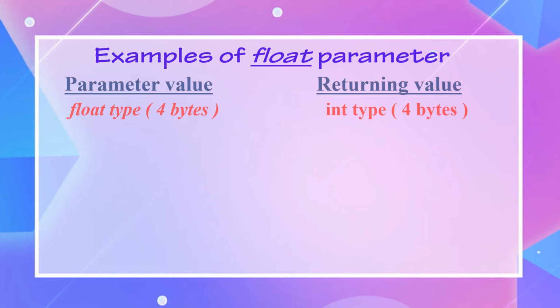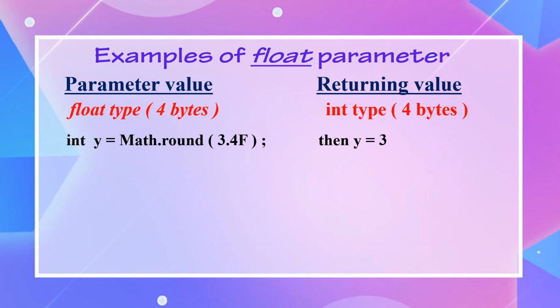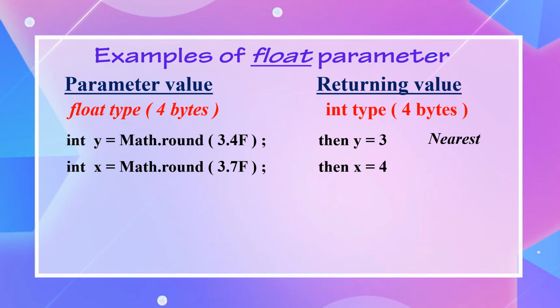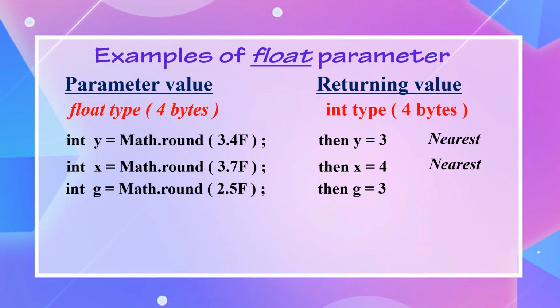Now let us see some examples of round function when the parameter is of float data type. 3.4 will be rounded off to 3, nearest one on the lower side. 3.7 will be rounded off to 4, the nearest integer, but on the higher side. And as already explained, from the 0.5 position, it goes to the higher side, always.